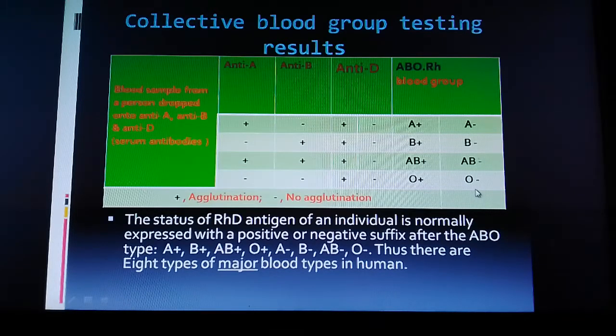There may be the general statement that prevalence of negative is somewhat less. Anyway, the possibility is there in any human population to have these 8 types of blood groups.